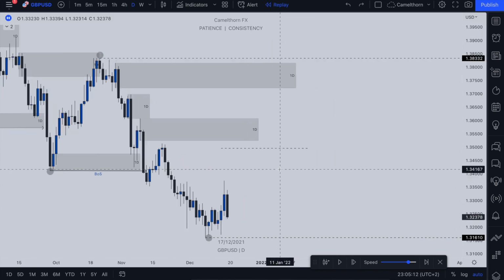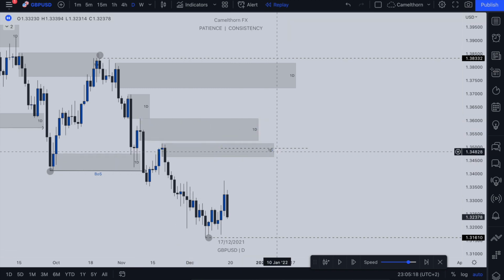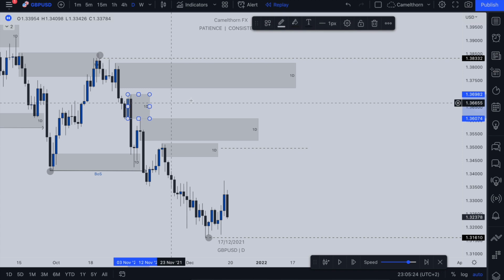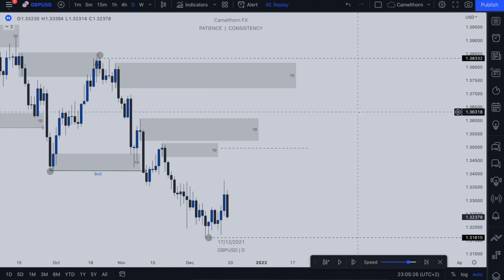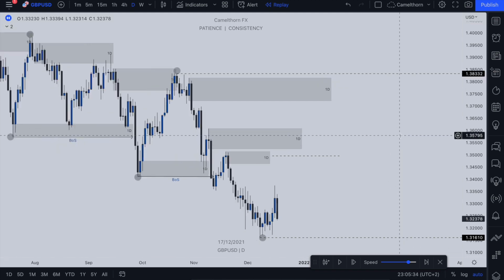Another daily level that you can also mark out would be this area in here. Now, I think it's important that you don't draw on too many supply and demand zones on your chart, because you can get information overload. And this is where backtesting will help you.